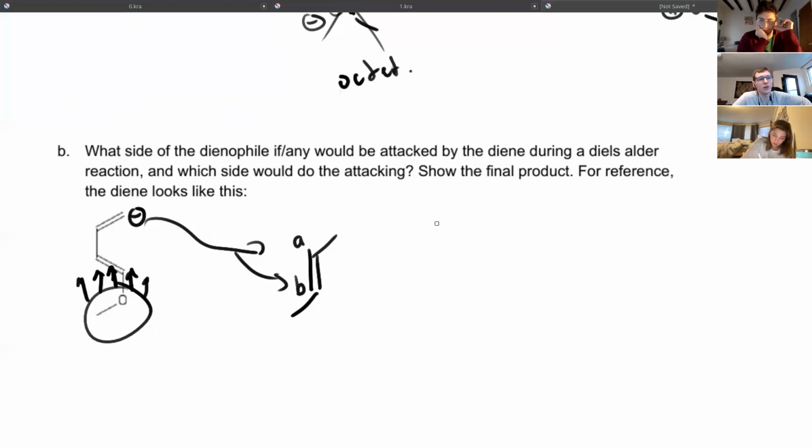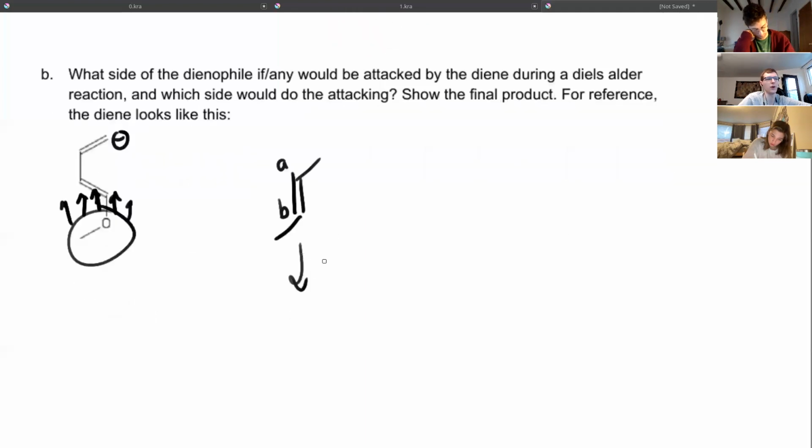The final product will differ because it'll determine whether this one over here, next to the methoxy group, will be going in, or whether this one over here will be on the inside. So you can get multiple products, but here we wind up getting 2 products.